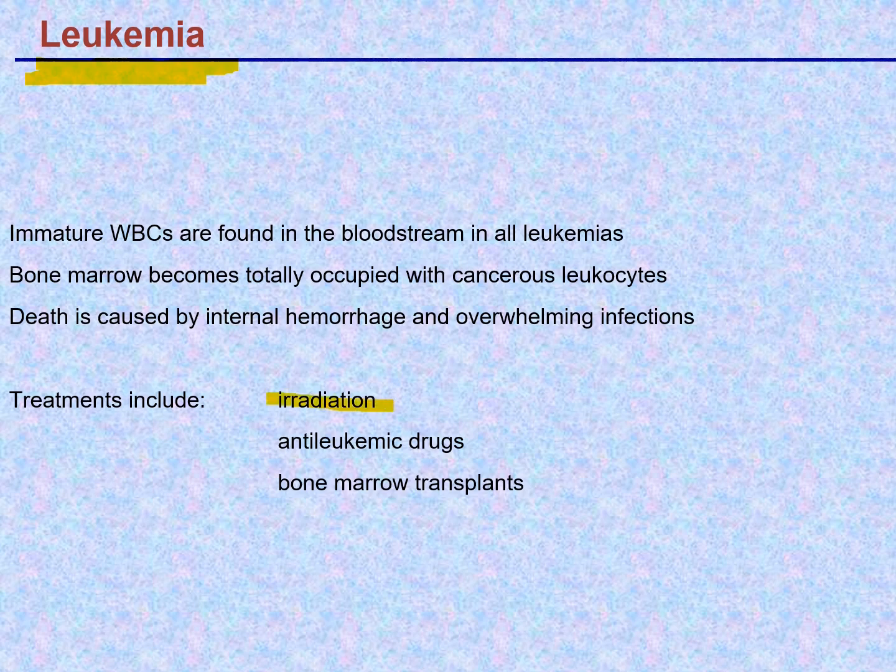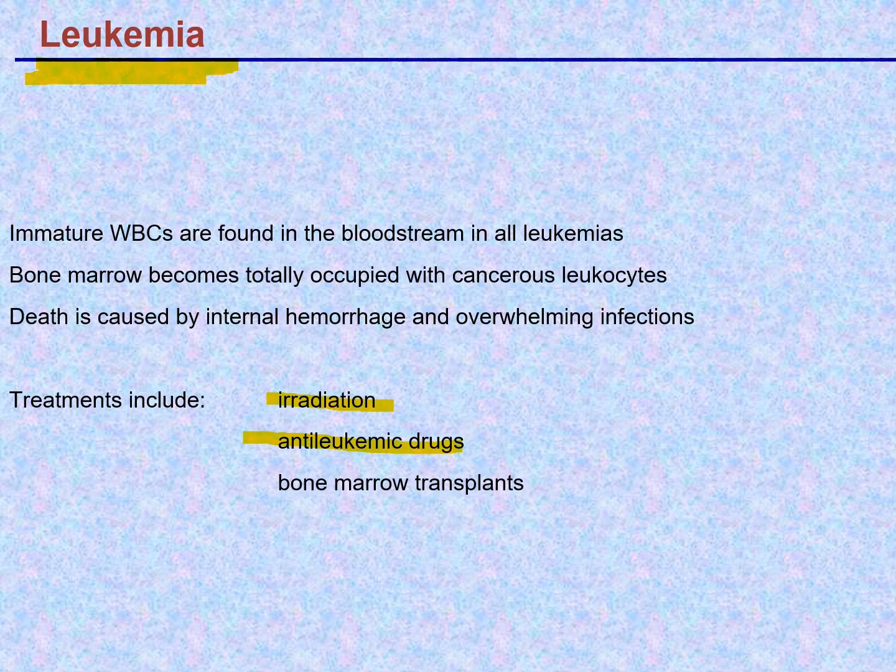Treatment includes irradiation and anti-leukemic drugs, which the public calls chemotherapy. The public pretty much believes that chemotherapy refers to anti-cancer drugs, anti-neoplastic drugs, but it refers to any drug. An antibiotic treatment is chemotherapy. So anti-neoplastic drug is a better term than chemotherapy.